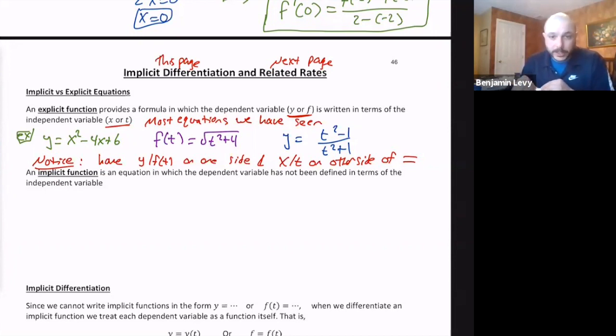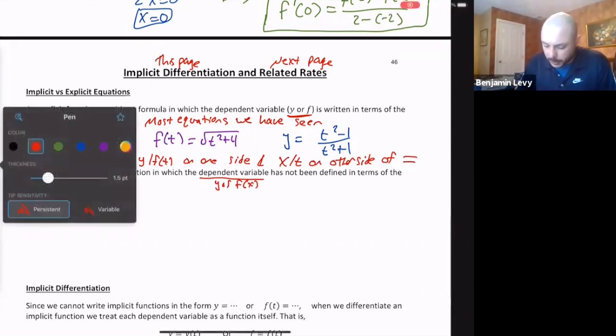Implicit is when you have the variables kind of mixed up on both sides. And so like it says, an implicit function is an equation in which the dependent variable has not been defined in terms of the independent variable, right? So again, we're thinking about the dependent variable as being either y or f of x, and we might have those mixed up in an equation.